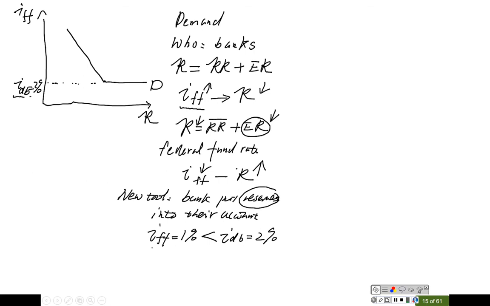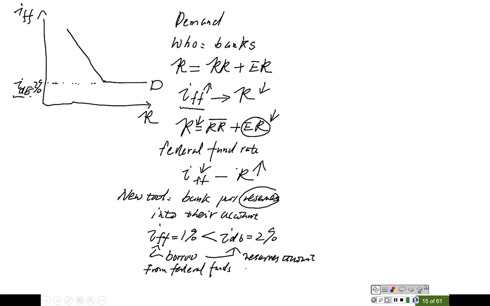In this case, if you are smart enough, you will find out the bank actually can borrow money from the federal funds market, which means they borrow money from each other, pay 1% interest, and then immediately put the money they borrowed into their reserve account to earn 2% interest.